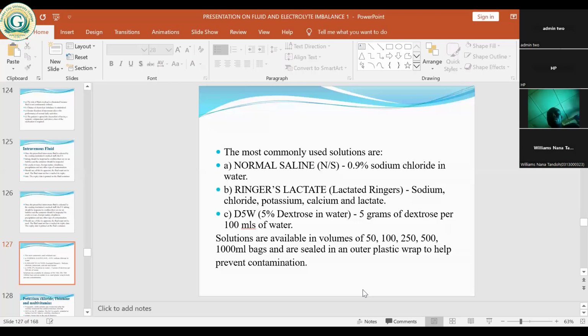We have solutions available in volumes of 50 ml bolus, 100 ml, 250, 500, 1,000 ml bags. These are in different volumes. We have 10% dextrose, 5% dextrose, sometimes 20%, sometimes 50% dextrose, and they are used in the management of various conditions.